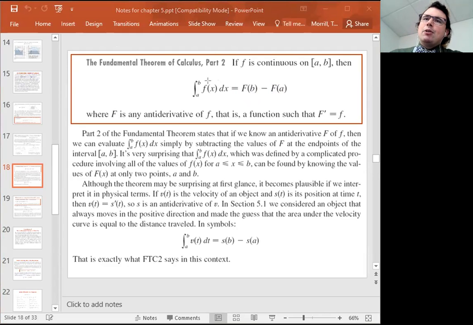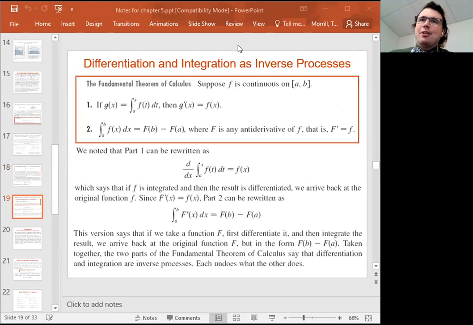So you can think about this. Let's say that we know lowercase f is the derivative of some function. Well, I can undo that derivative by taking an integral. So derivatives undo integrals, but also integrals undo derivatives. So each of these things undoes the other.